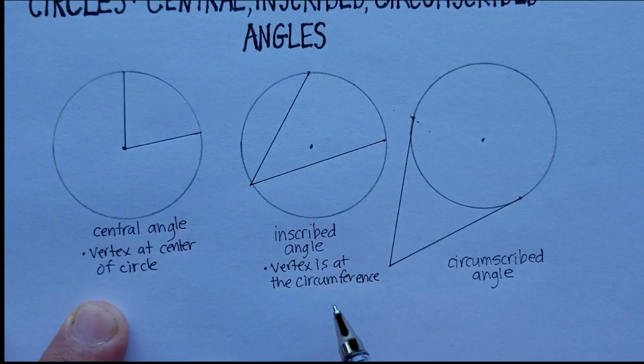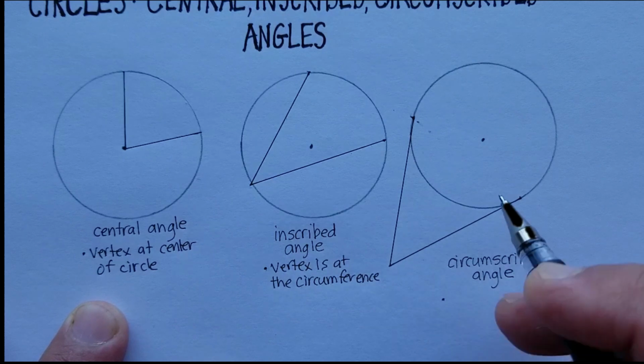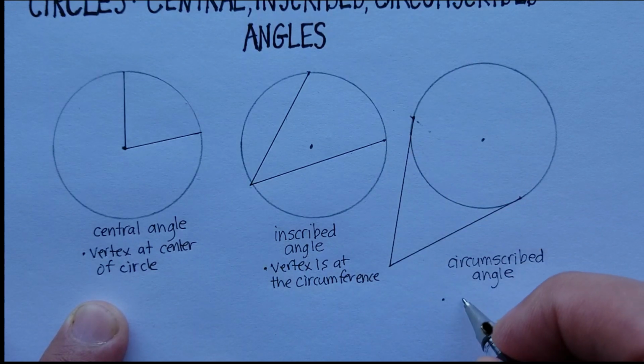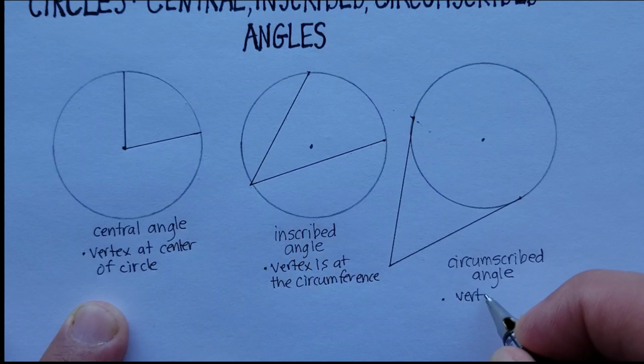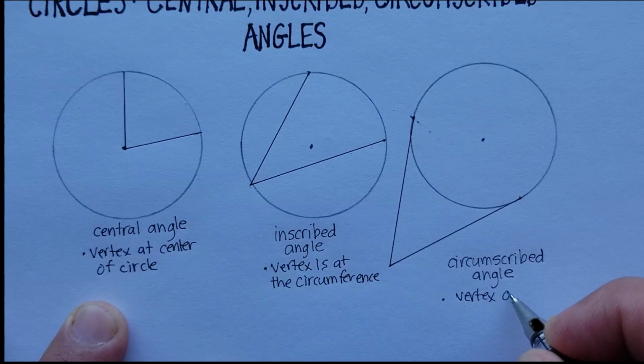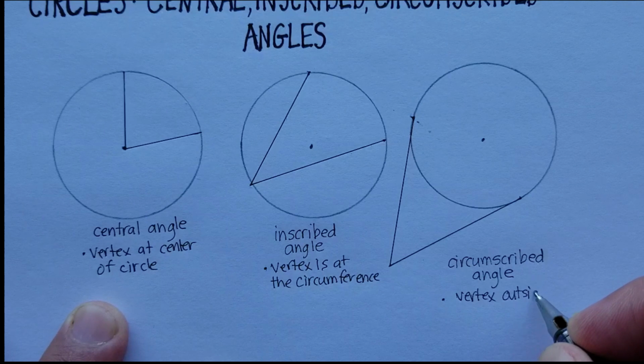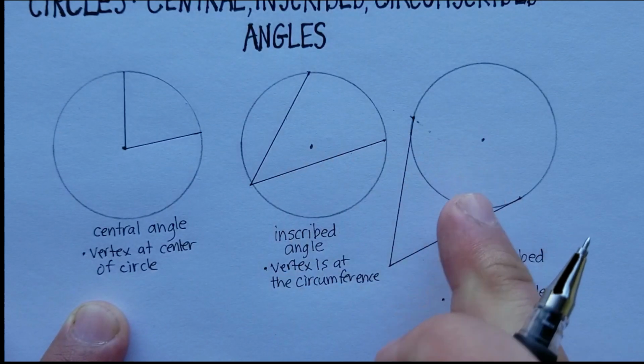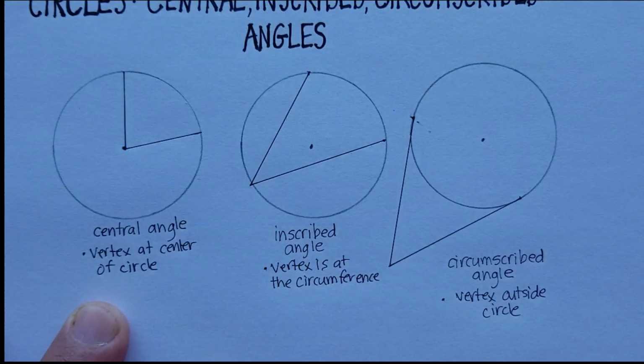So the vertex is at the circumference, and for a circumscribed angle, the vertex is located outside the circle, so out here. Vertex outside circle.